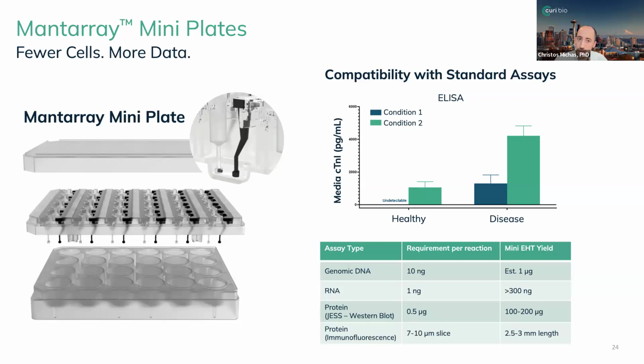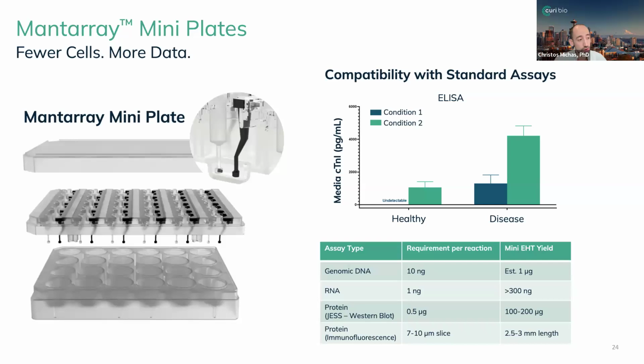Last but not least, the Mantarray Mini retains compatibility with all other standard assays. That includes media assays and cell assays. As an example here in the plot on the top right, we present how much cardiac troponin I is secreted by Mantarray Mini tissues and identified with ELISA in the media. And so you see that the amounts are high enough for ELISA to be able to distinguish not just two conditions, but also two different phenotypes, healthy and disease.